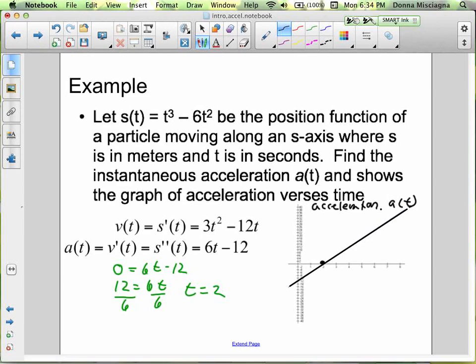At t equals 2 seconds, the acceleration is 0. Where the acceleration is 0, this would be a horizontal tangent for velocity.